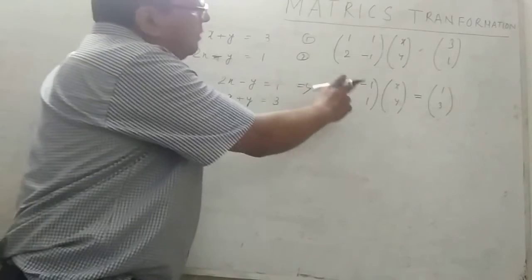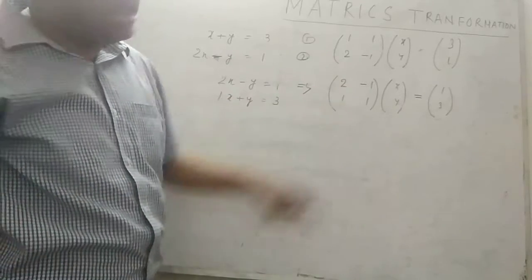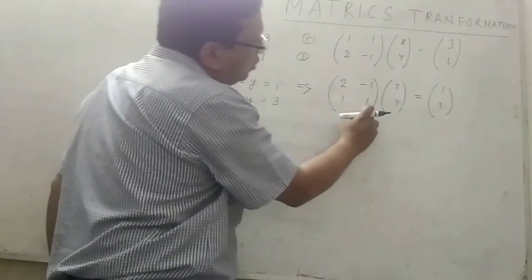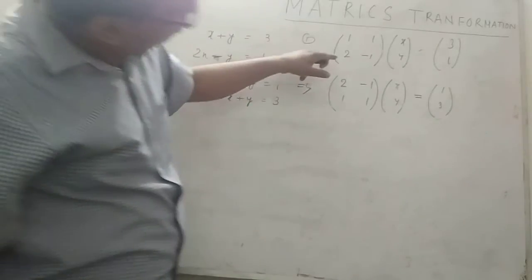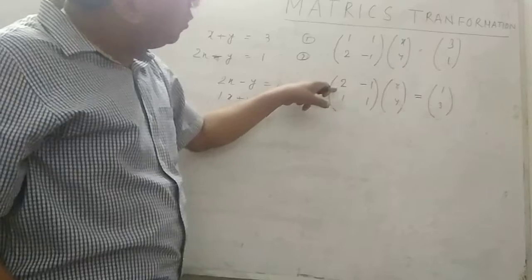Now, what is the difference between these two expressions? The difference is that row 1 over here is transformed into row 2, and row 2 of the first equation is transformed into row 1.